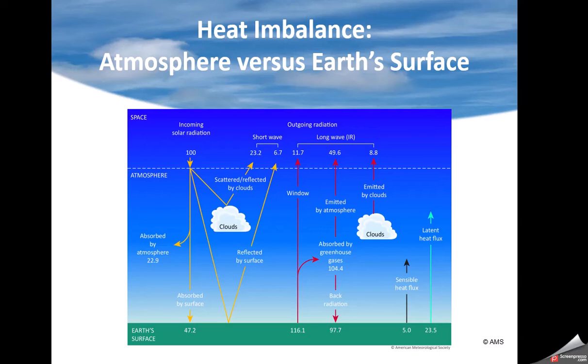The surface has an albedo, which may scatter the radiation back out. And greenhouse gases may absorb some of that long wave radiation energy and bring it back down to Earth. But some of that is also reflected back out to space. So this is a complex budget of how the Earth is heated from the radiation.